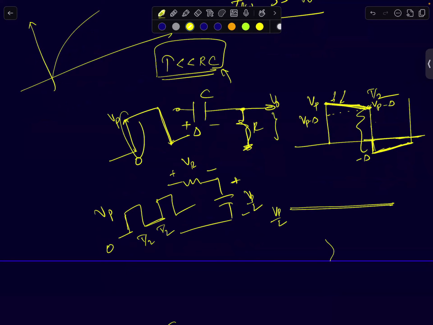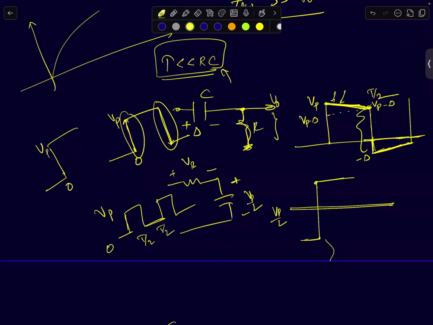At every rising edge and every falling edge, what can you say about the output? Let's talk about just the rising edge. Whenever the input signal goes from 0 to V peak, that's like an infinite frequency input. What will be the change in the output? The same as plus Vp. You should see the same change of plus Vp at the output too. That follows from infinite frequency gain equal to 1.